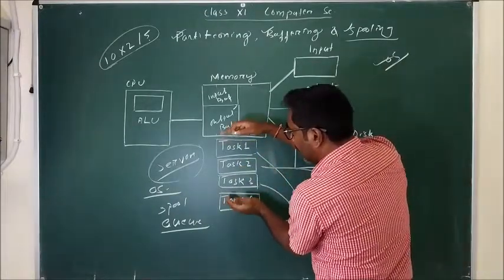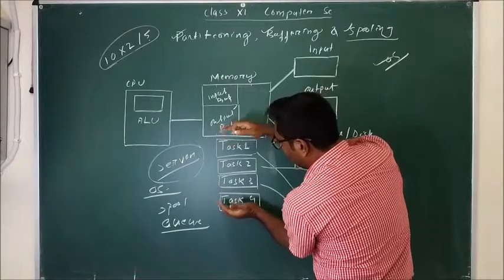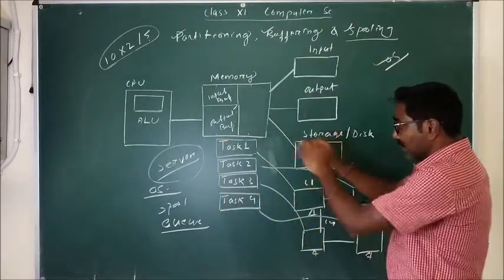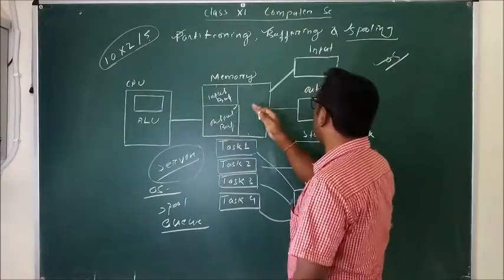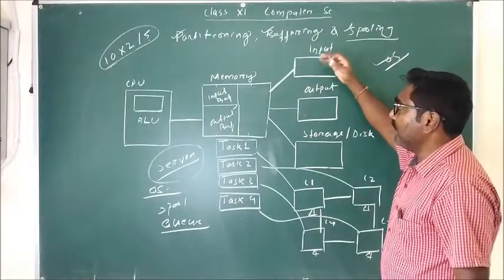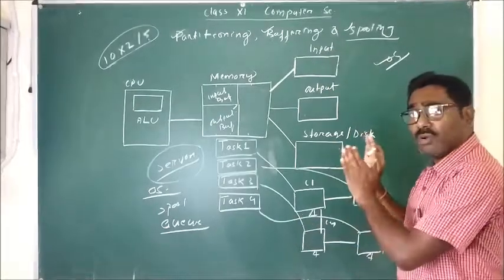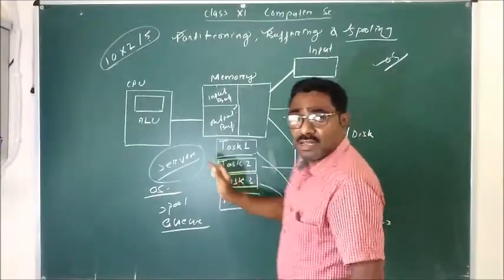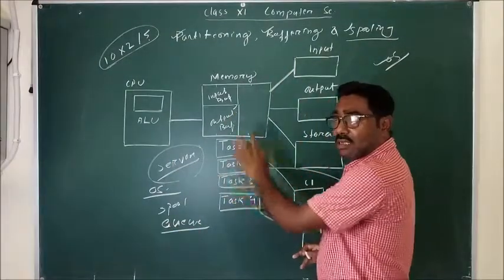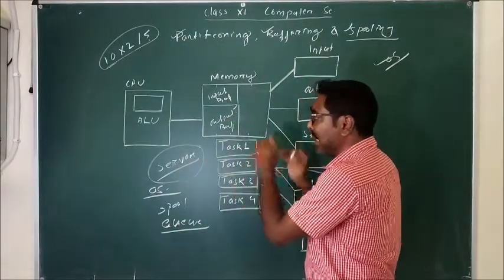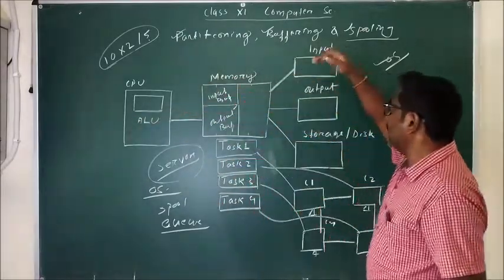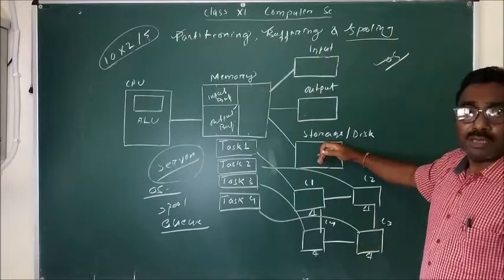These are now waiting in a queue, and the rest of the system, the ALU, the memory, the input, are freed up because they don't have any task. The task is only between the server and the printer.